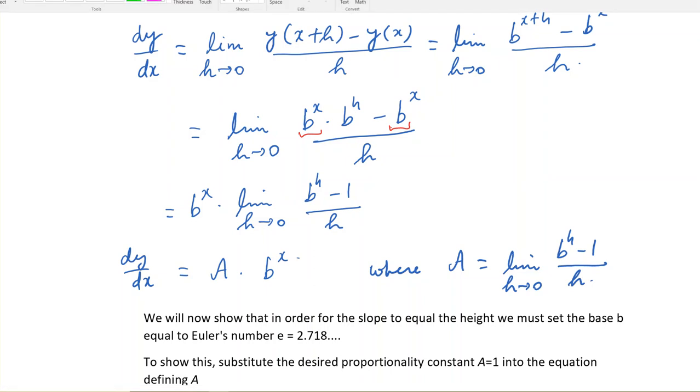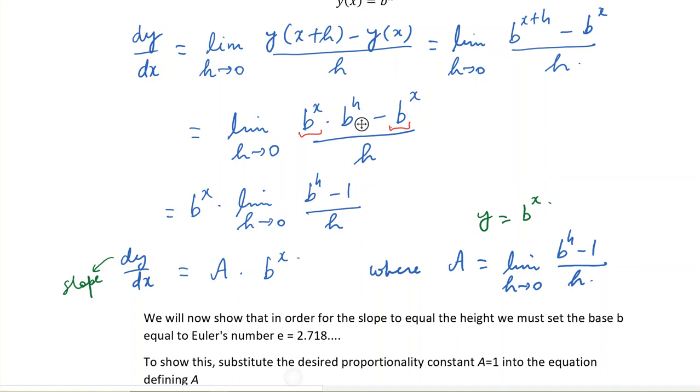Alright, so what is the advantage of doing this? So this is our slope of the function y, and if you remember from the top, y is equal to b raised to power x.